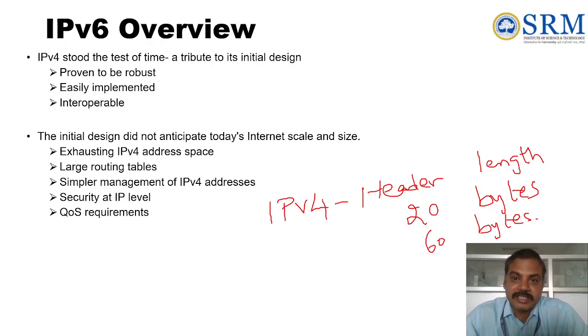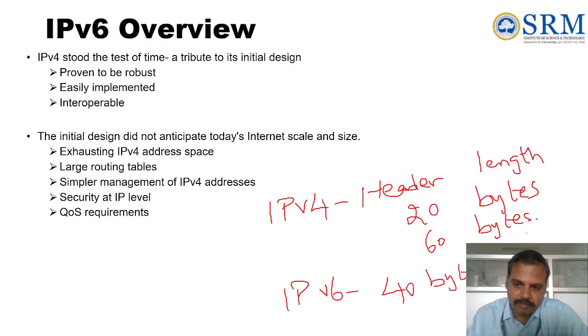How we fix this problem in IPv6 is by making the header size a constant. It is only 40 bytes in length. So there is no problem at the router end.